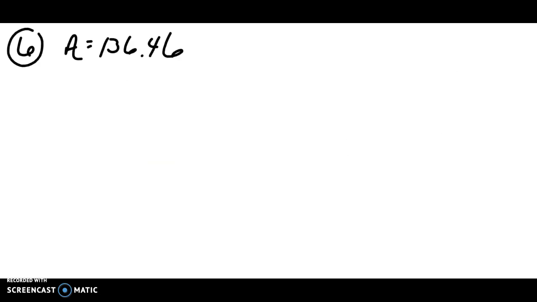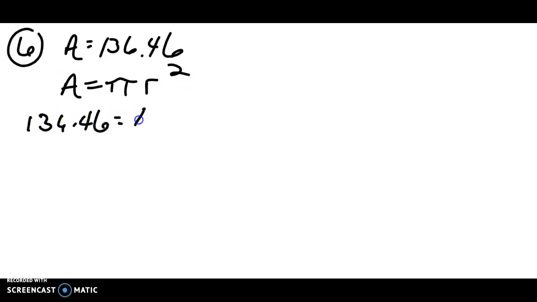All right, the next one, we're given the area of a circle and asked to find the circumference. So our area formula is equal to pi r squared. So I'm going to substitute 136.46. Pi is going to be 3.14 r squared. So we need to isolate the variable.